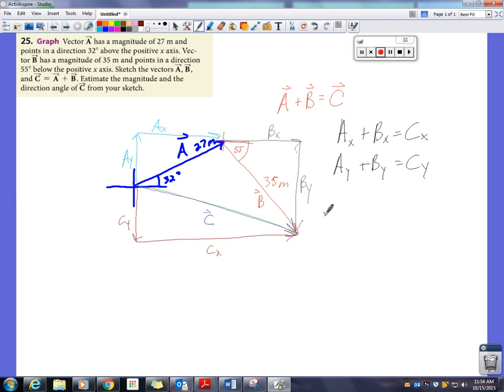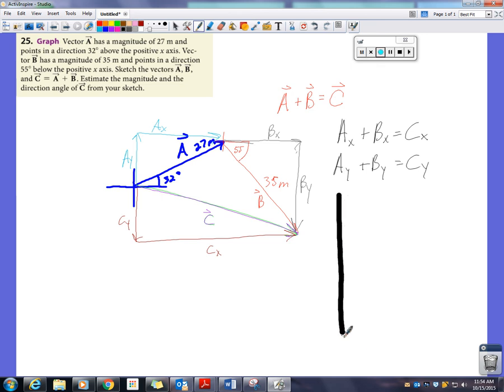So, find components, add them. When we do that, let's make a little bit of a chart here. We always want to make a chart. Let's try this one more time.